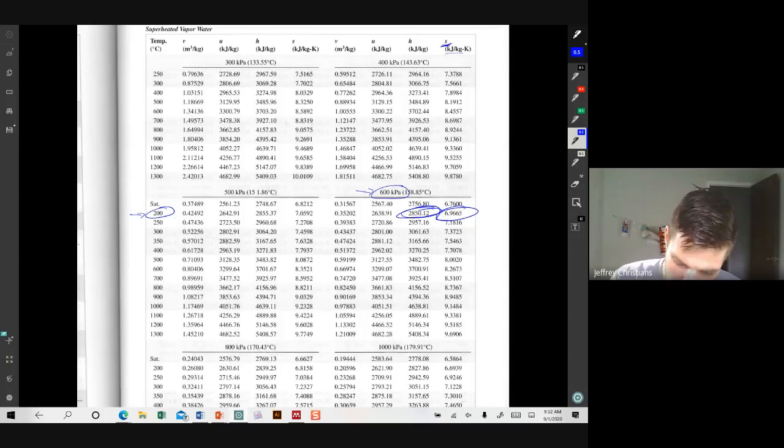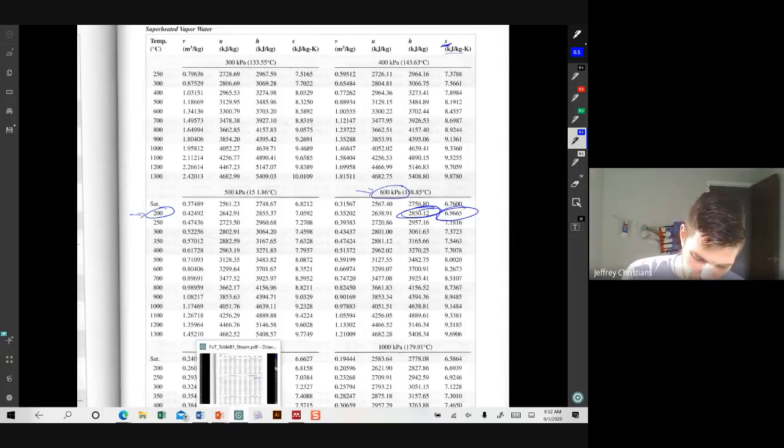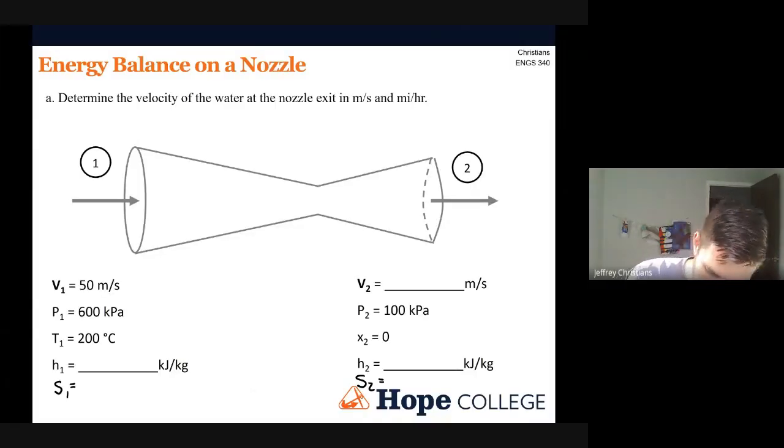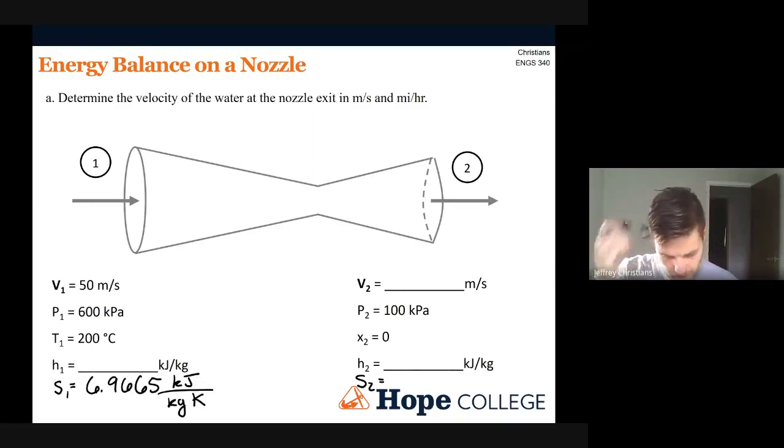So the value of the entropy is 6.9665 kilojoules per kilogram Kelvin.